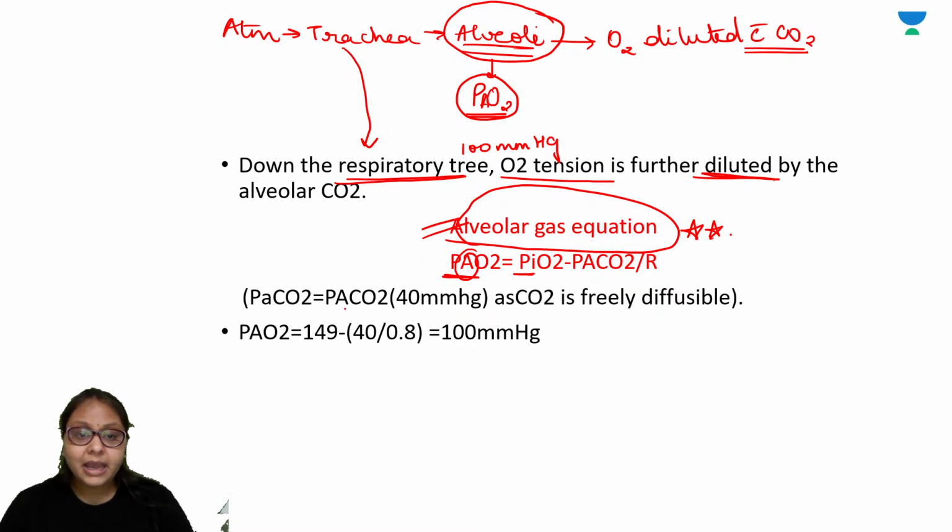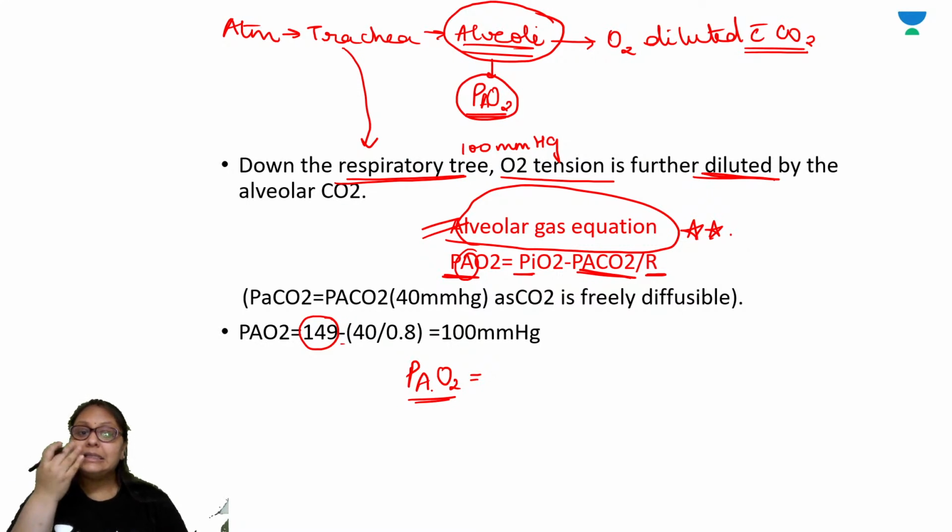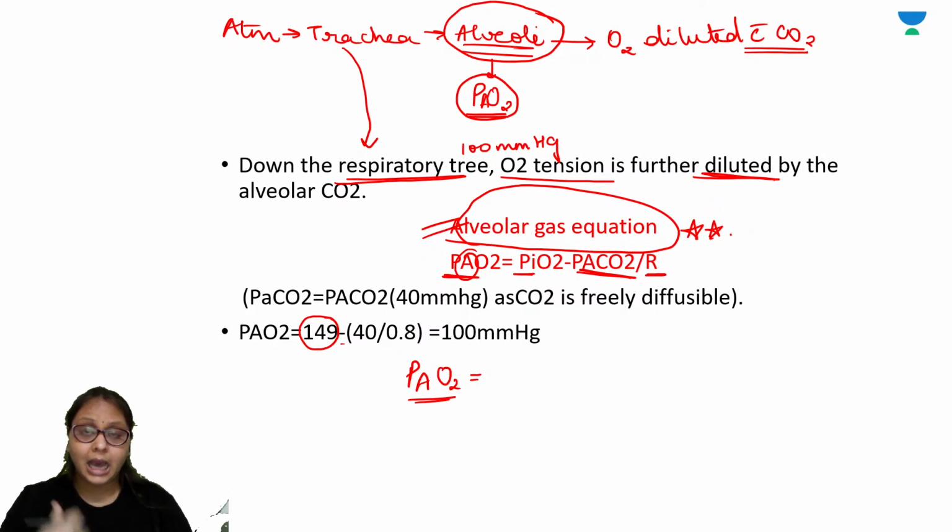So how much was it? 149, minus the partial pressure of carbon dioxide at the alveolar level, that is 40, upon the respiratory quotient.